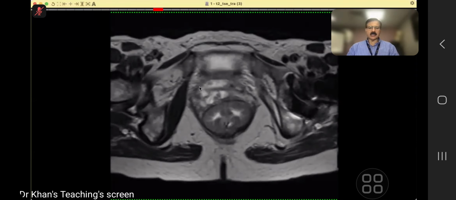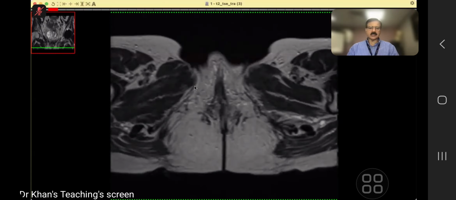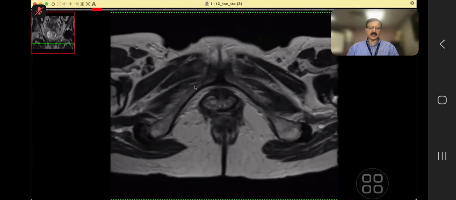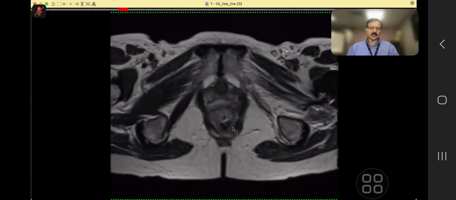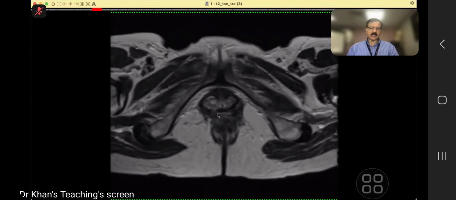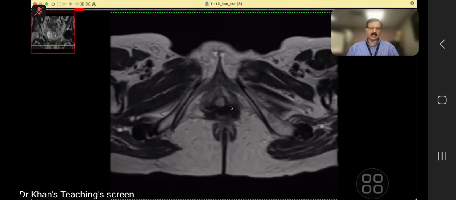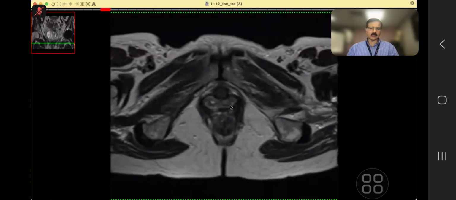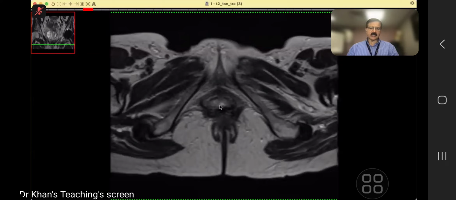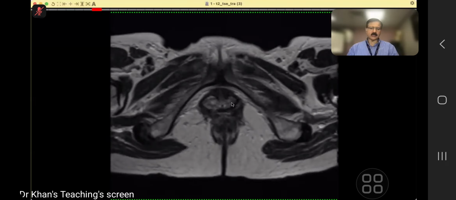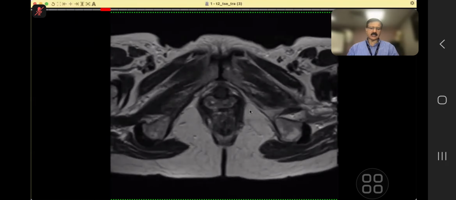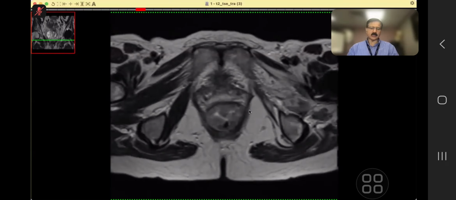And now on this T2 weighted sequence, anal canal is very distal. And the key structure which you have to remember anterior to the anal canal, so this is the anal canal, is the vagina. Now, this is the vagina. And this vagina is not normal. Even here, something is wrong. You have to develop your anatomy. And these high signal intensity foci here are abnormal.